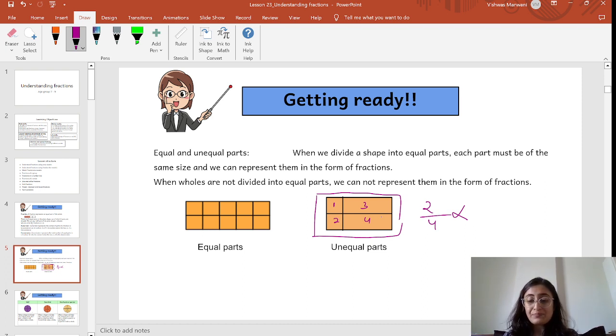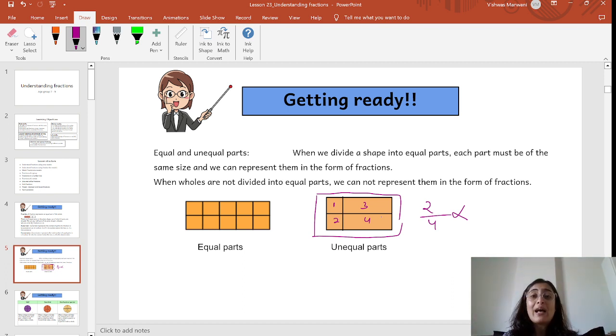So let's see. I have four oranges here. Okay. Now let's say out of these four oranges, you ate one orange today. Okay. So now that you ate one orange, if I ask you what fraction of the oranges have you finished, then the fraction becomes 1, the portion that you ate already, upon 4, which was the total portion initially.